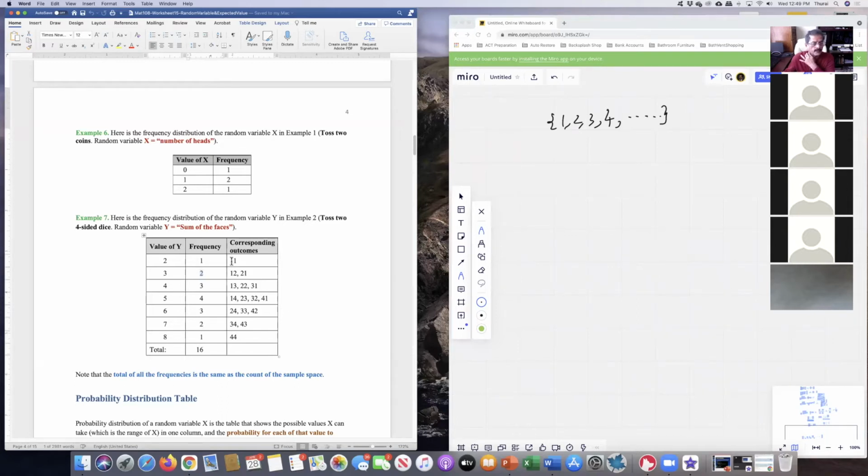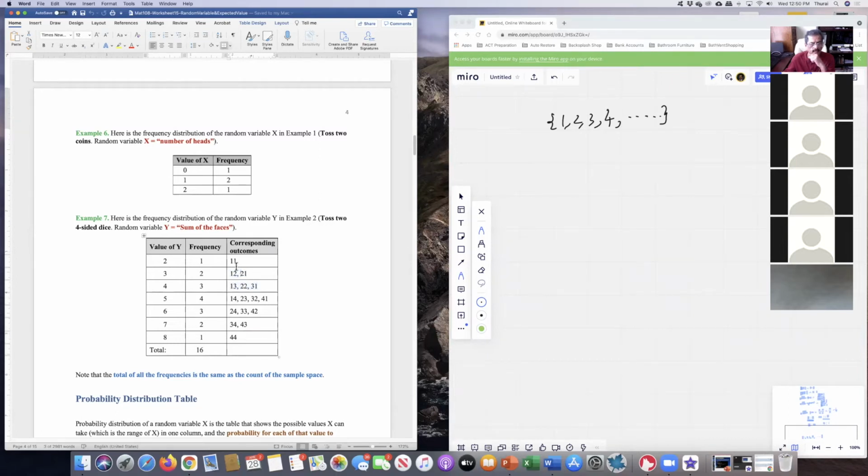There are 2 outcomes that give you the value 3, and that's why the frequency is 2. And 3 outcomes give you value 4 for the random variable.